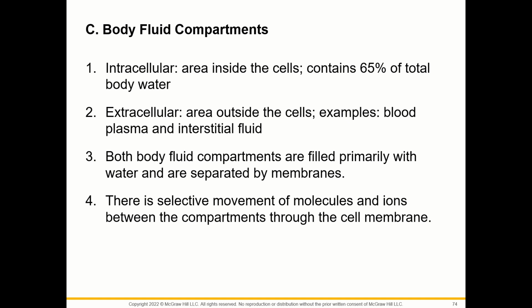The extracellular is going to be the area outside of the cells and will include your blood plasma in your blood vessels, as well as your interstitial fluid. Interstitial fluid is also called tissue fluid, and that's what surrounds all of the cells outside of the blood vessels. Both body fluid compartments are filled primarily with water and are separated by membranes, and there is selective movement of molecules and ions between the compartments through the cell membrane.